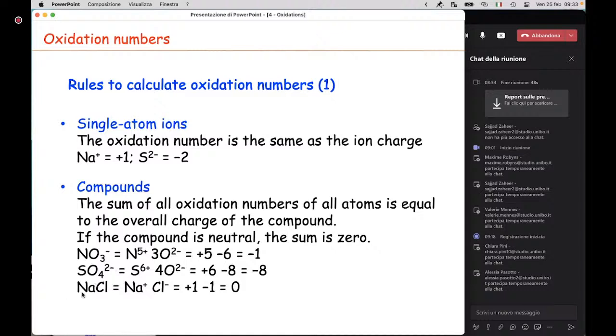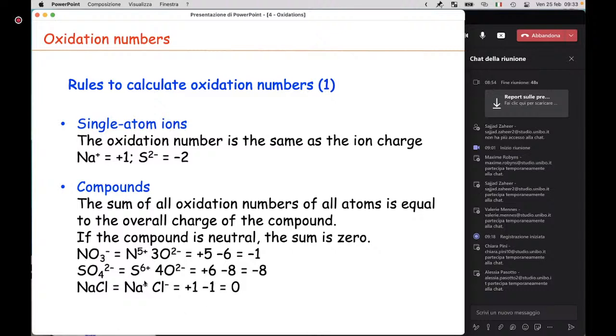In this case, we have to remember the most frequent oxidation numbers. We may remember that sodium is in the first column of the periodic table. So it is an alkali metal, and it can only take the +1 charge. So if Na is +1, of course chlorine must be -1.